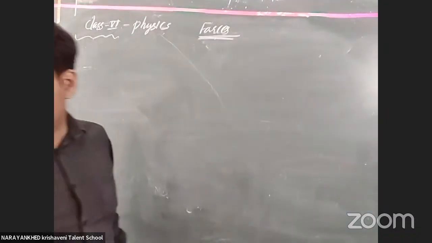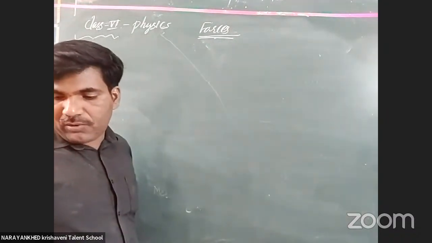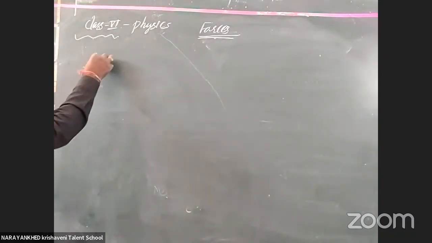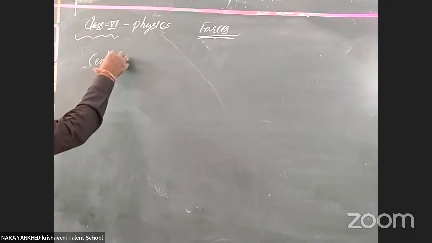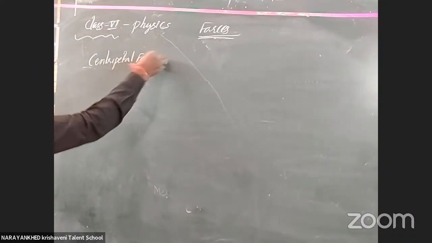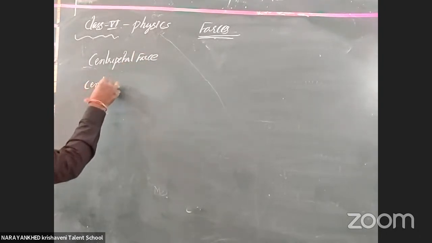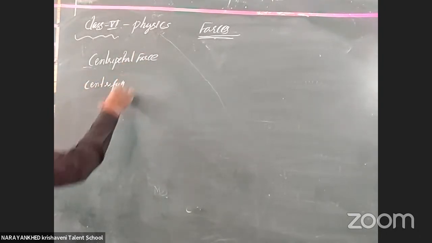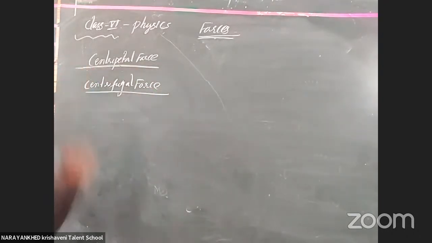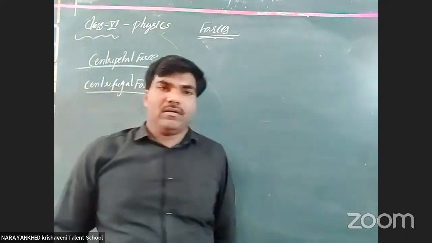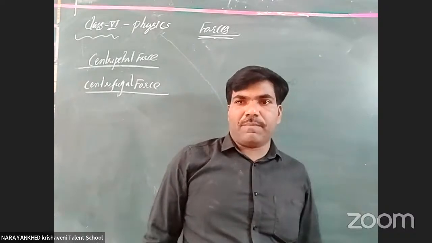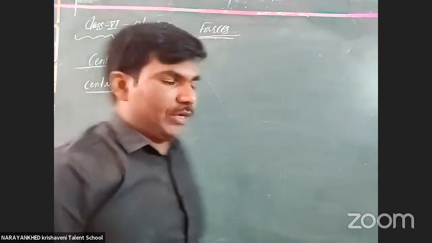Now we consider two forces. One is the centripetal force, another one is the centrifugal force. When a body is moving in a circular path, how is that possible?